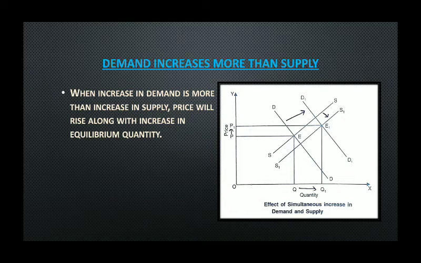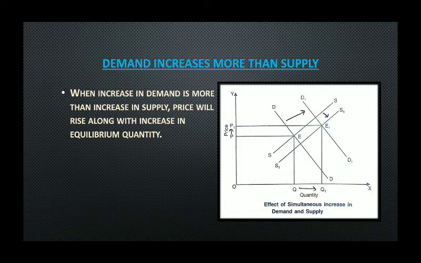How will you select? See, E1 is the point of intersection of D1 and S1. The new demand and the new supply curve are intersecting at point E1. So at E1, the new equilibrium will be selected, and we can see the corresponding equilibrium price is OP1 and quantity is OQ1.